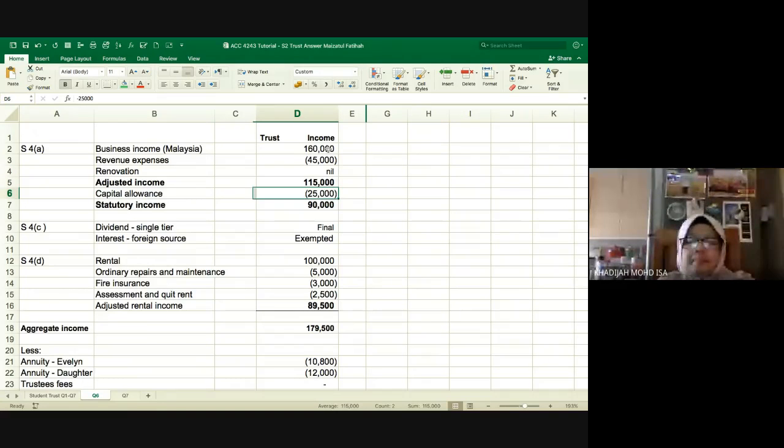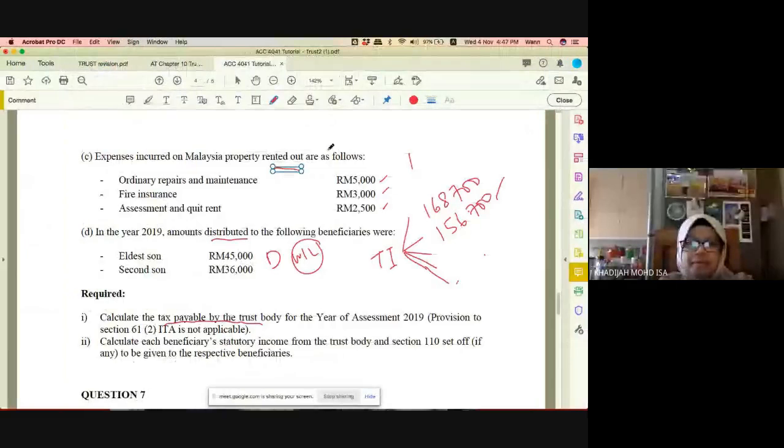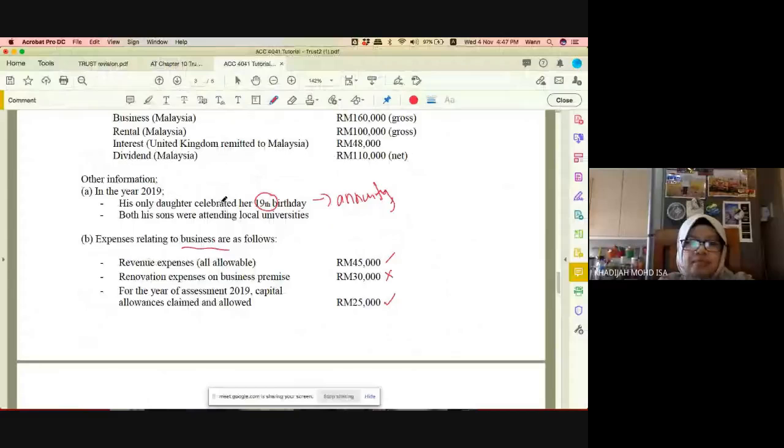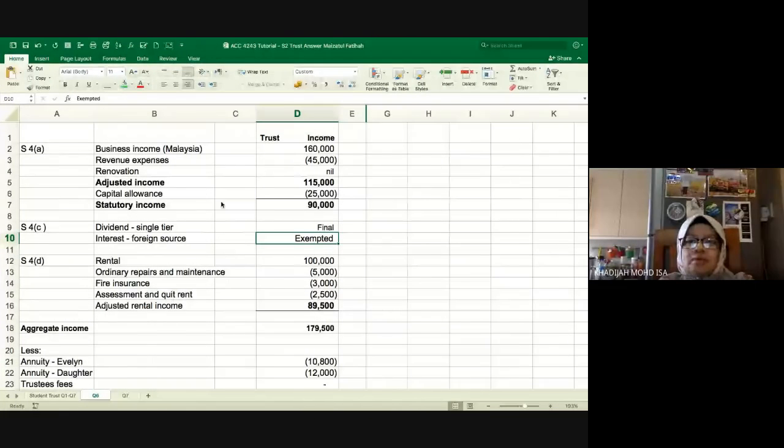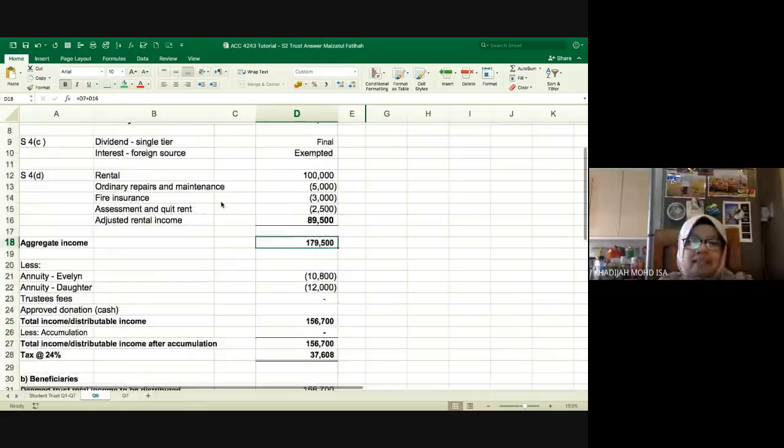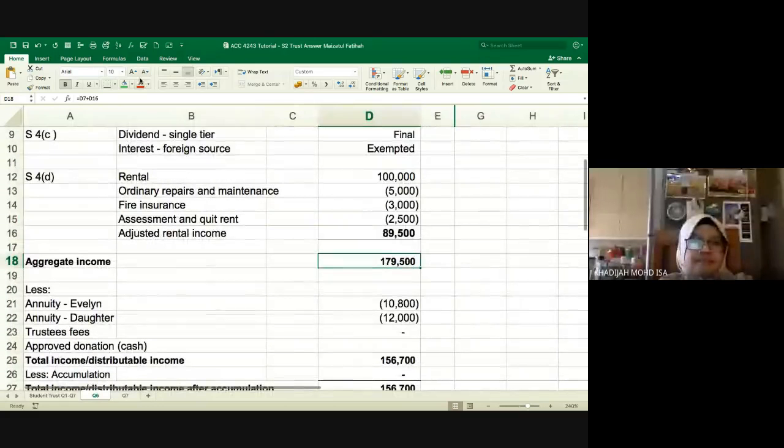Okay, and then minus capital allowance, then you have your SI. Dividend is final. Interest, because interest is from UK, so it's a foreign source income, is exempted. Rental gross 100,000 minus all allowable expenses, then you have adjusted rental income. Is your aggregate income 179,500?